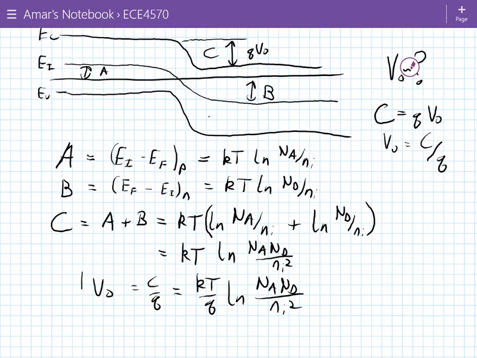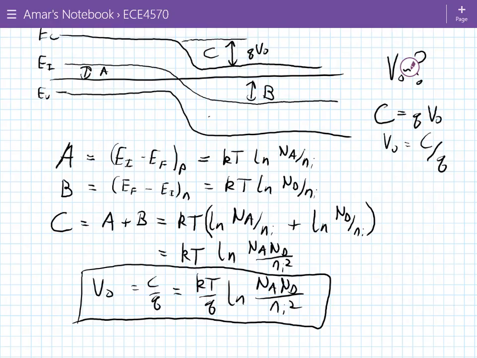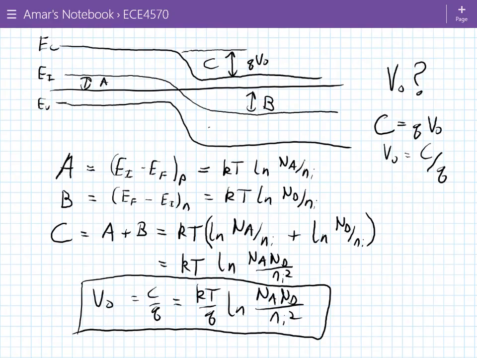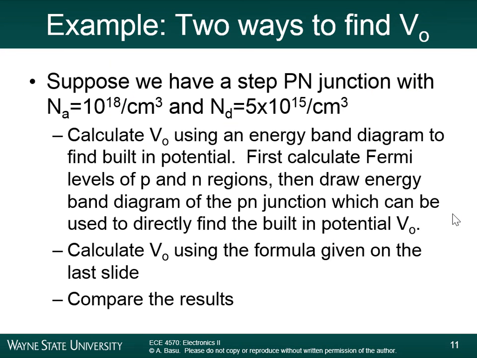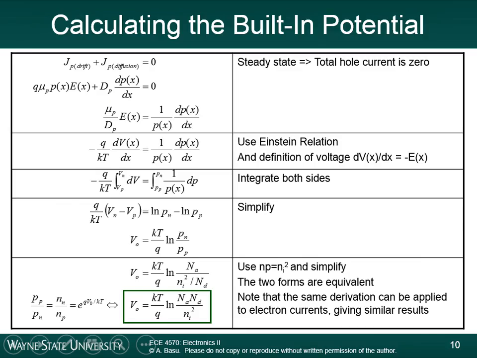So this is our derived formula of V0 just based on the energy band diagram. You can see that this formula matches the formula that we derived using a physical model.